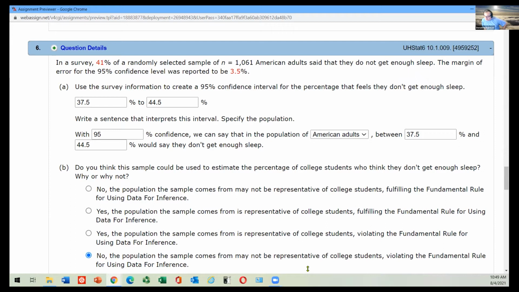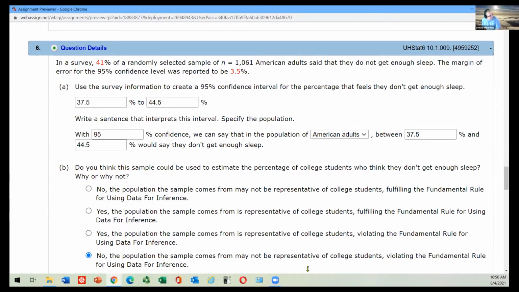And you might say, well, why not? Well, this sample was all American adults. College students are a subgroup of that. Isn't there a possibility that they may not be the same as the general population? They're younger and therefore they may need more or less sleep, who knows what.